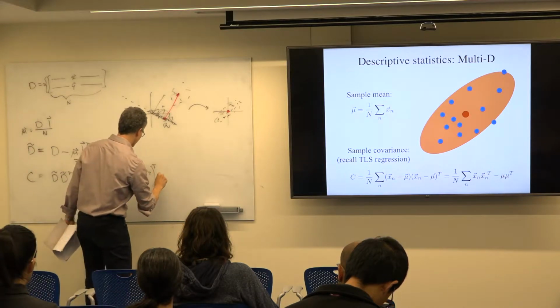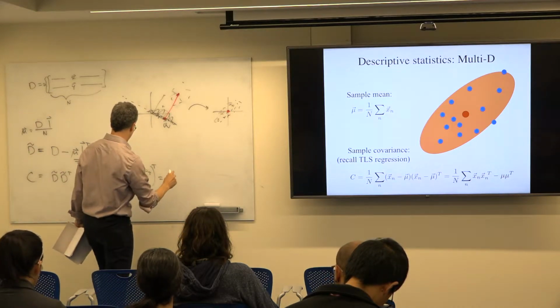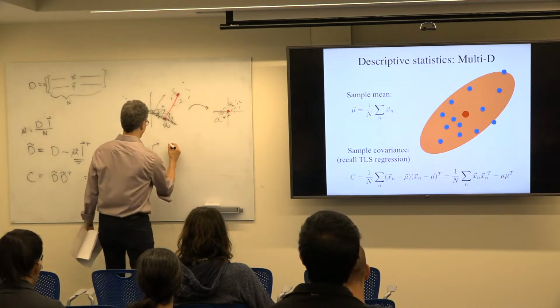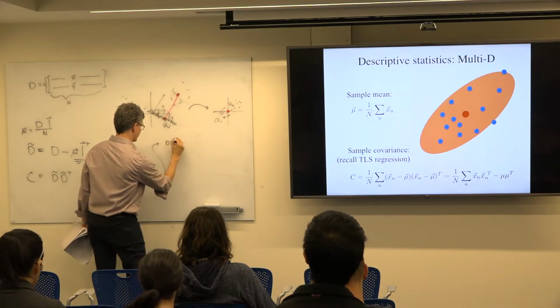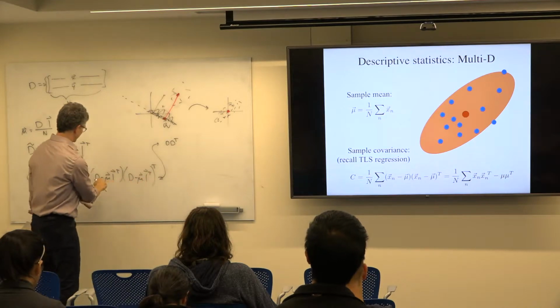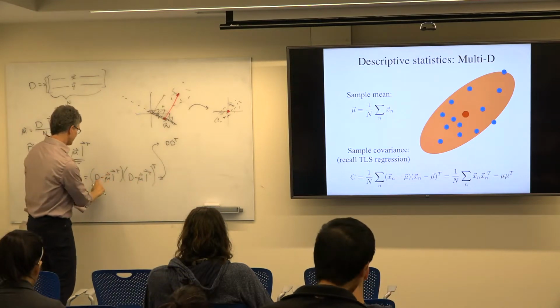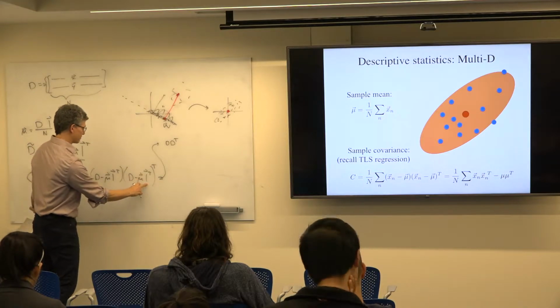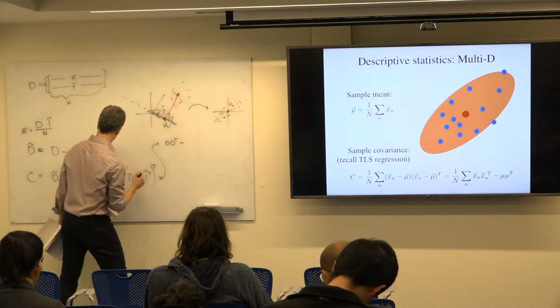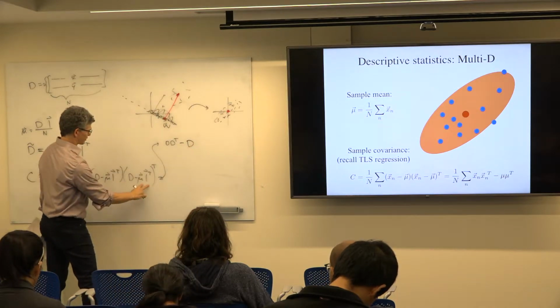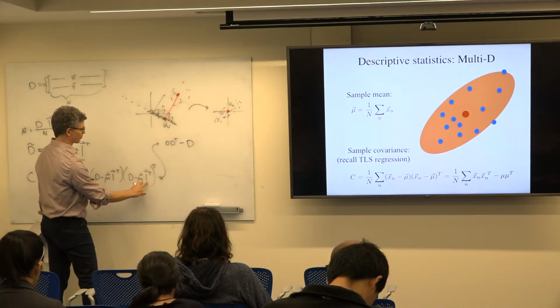And how do I compute that? I'm going to come up here, so I'm going to need a little more space. D times d transpose, that's just the first two terms. Then I have d times this thing transposed, and there's a minus sign there. This is mu times 1 transposed.